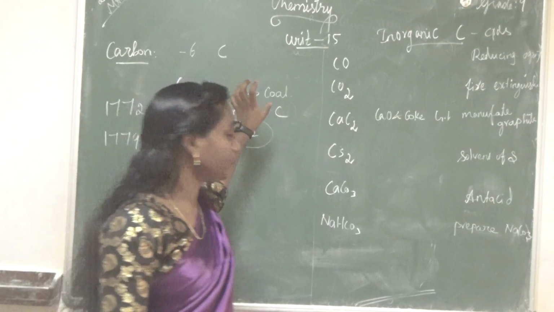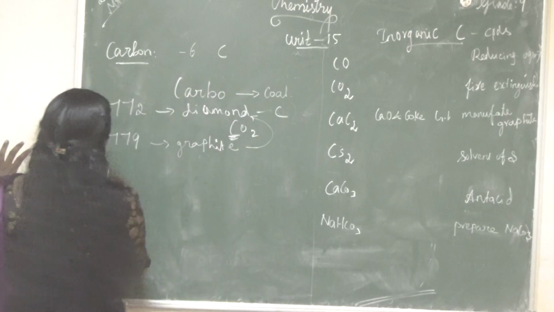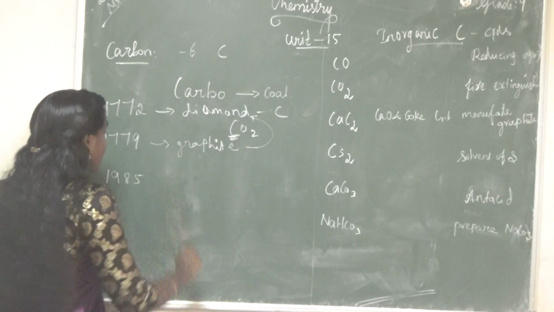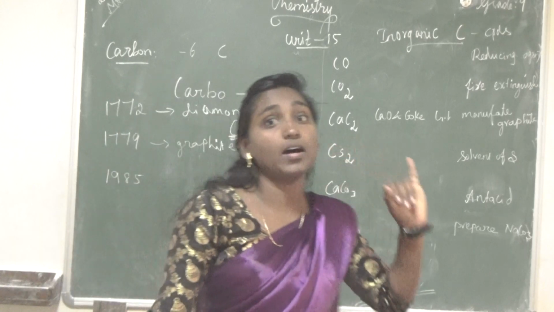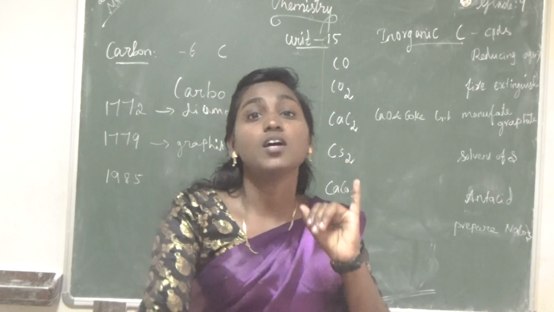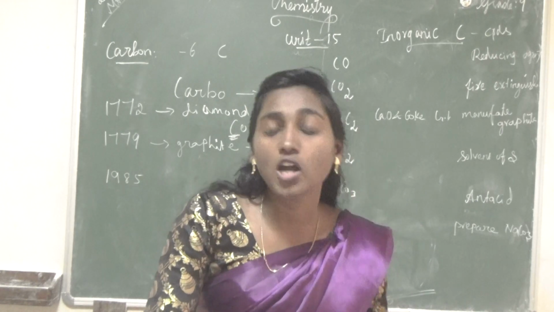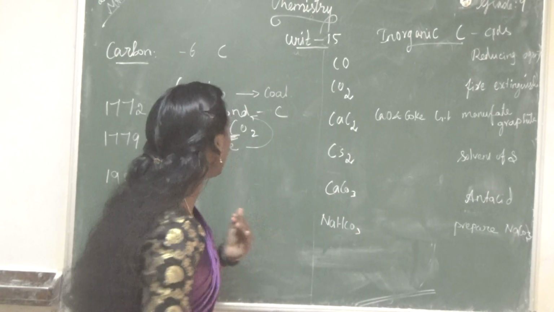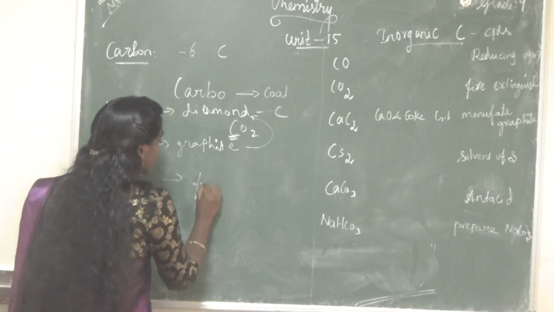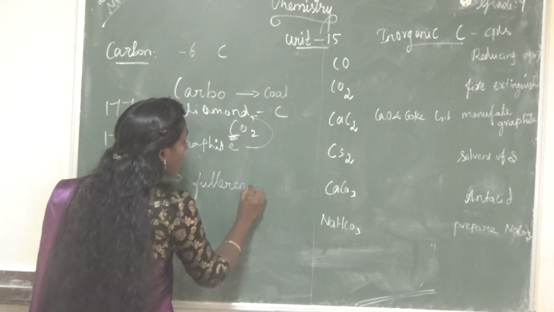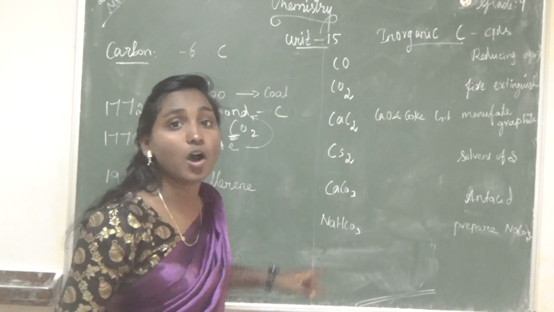In the year 1985, three scientists, Harry Kroto, Robert Curl and Richard Smalley, discovered a new form of carbon, that is fullerene, like graphite and diamond. What is the new form of carbon?